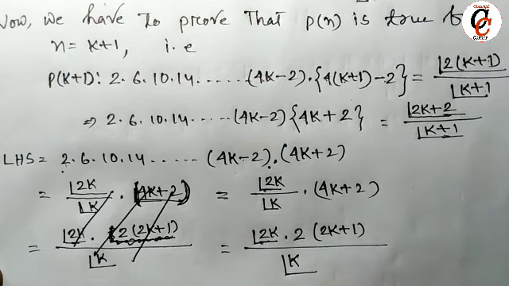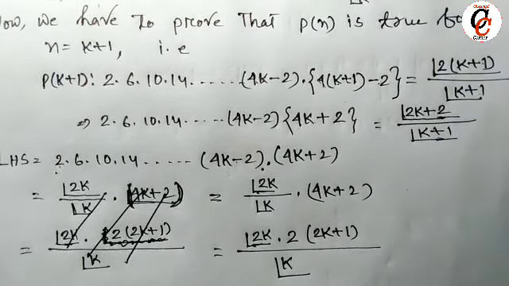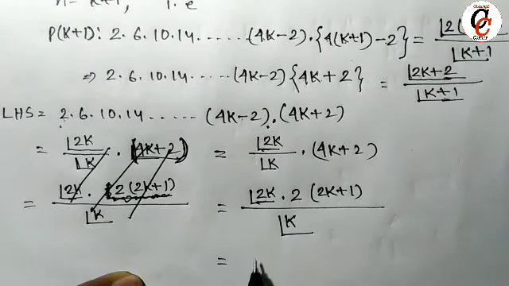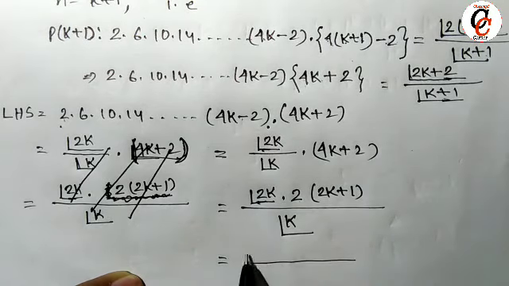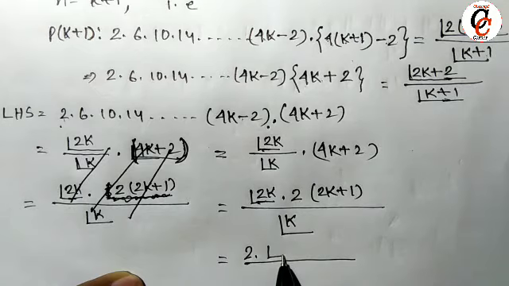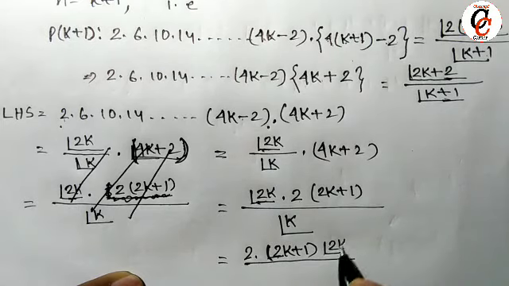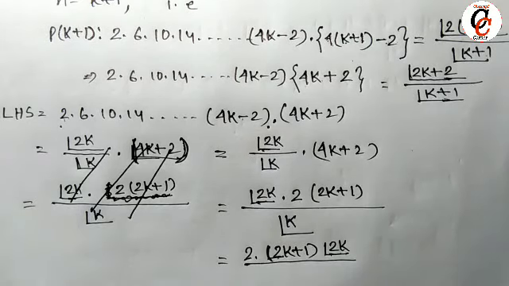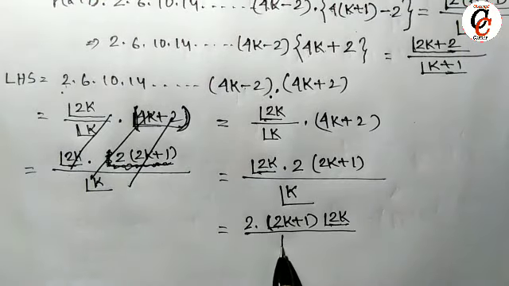So I have written first 2, then this one 2k plus 1, then factorial 2k. Is there any problem? No, we can write it, and here factorial k.